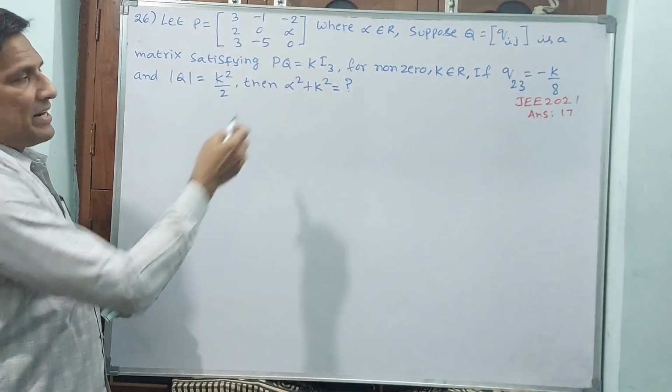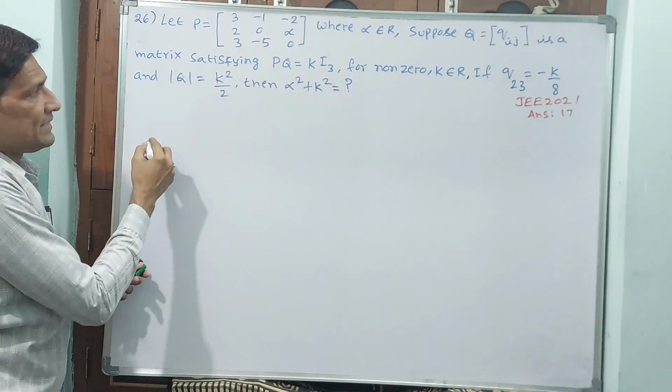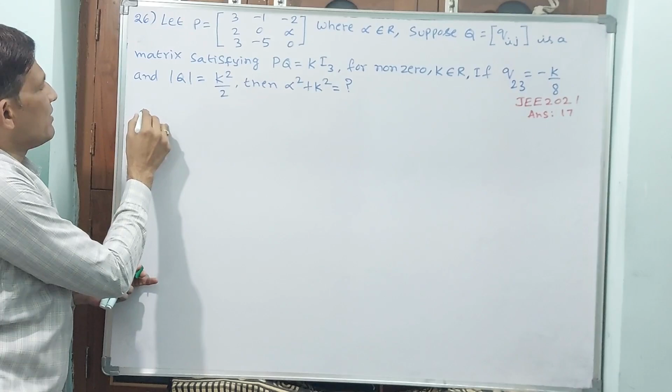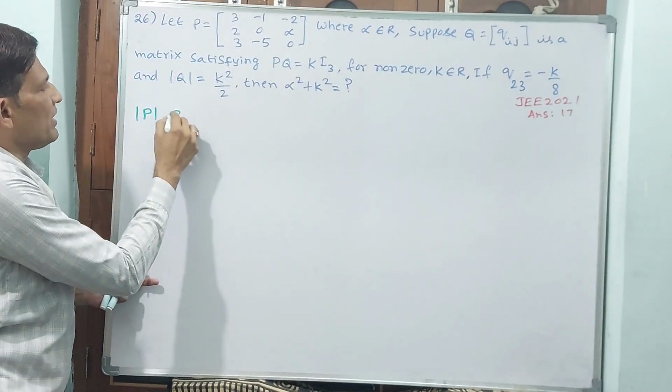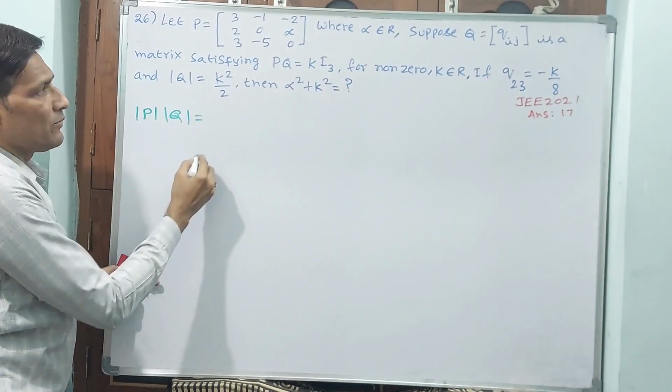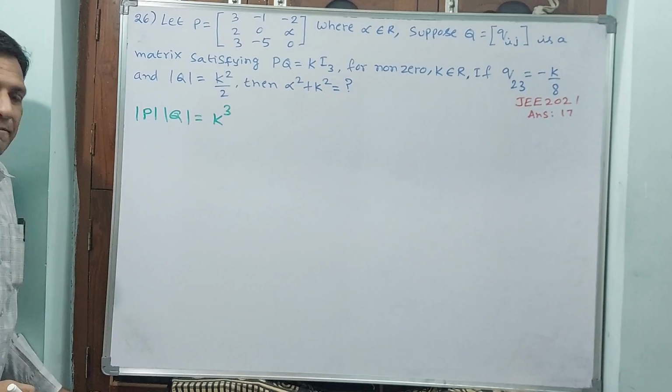Third order matrix. Okay, now you see. Now I am applying determinant. Determinant of P and determinant of Q is equal to determinant of K I3. Why?